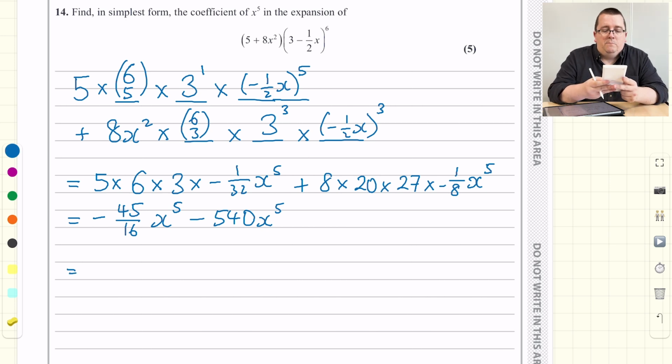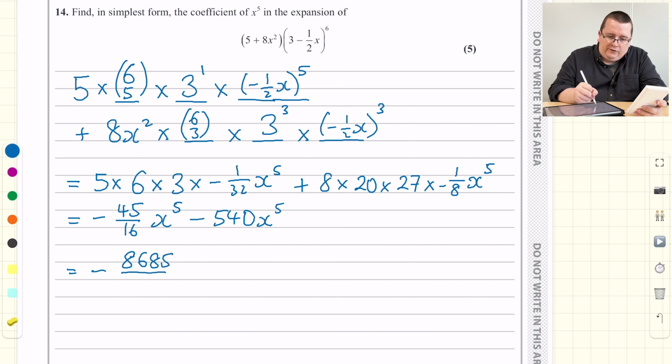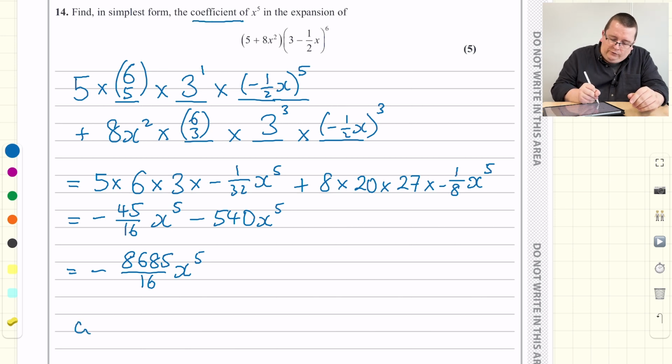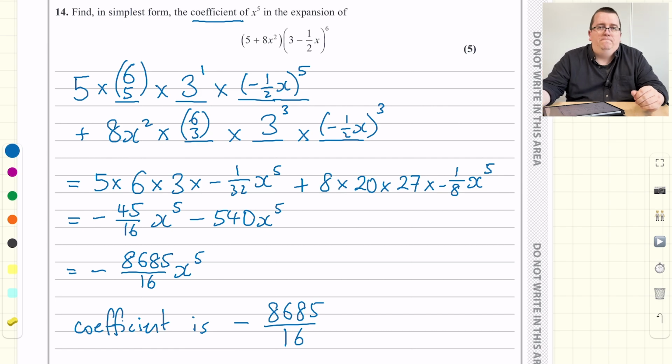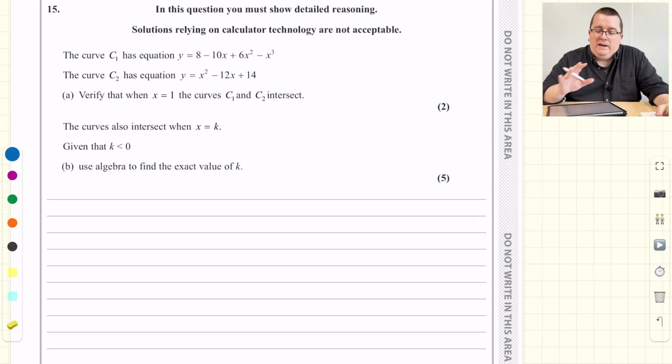So minus 45 over 16 take away 540 is minus 8685 over 16, and that's x to the 5. So remember, the question's just asking for the coefficient, so the coefficient is minus 8685 over 16.